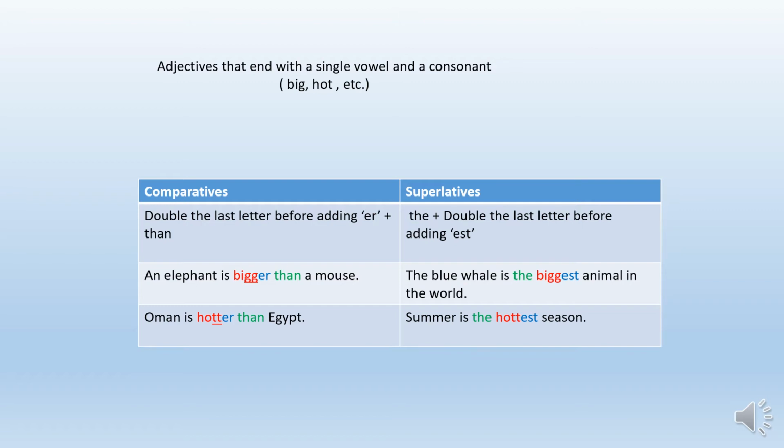The superlative sentence here is summer is the hottest season. Summer is the hottest among all seasons. So the superlative form here is the, plus hot, plus est, and again the T has been doubled.